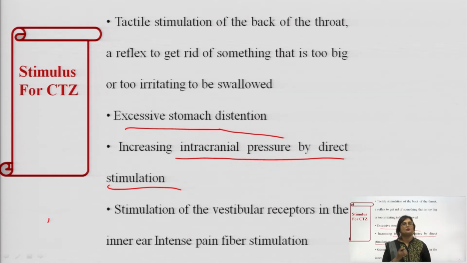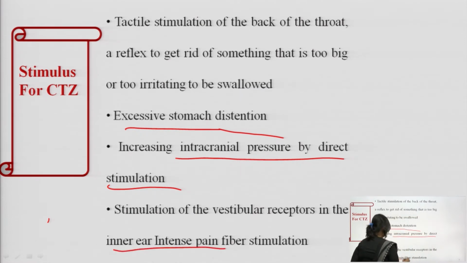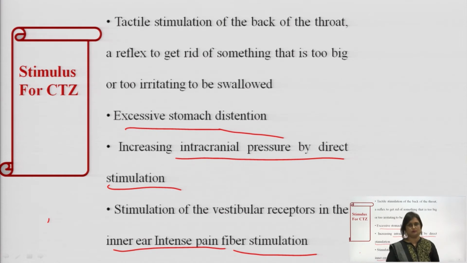Stimulation of the vestibular receptors in the inner ear causes intense pain fiber stimulation, which further leads to vomiting. So these are the stimuli for the CTZ to respond and cause the reflexive action that leads to vomiting. Clear, all of you?